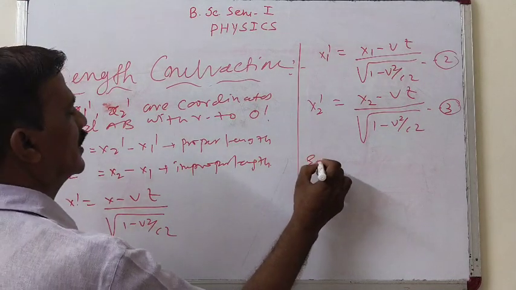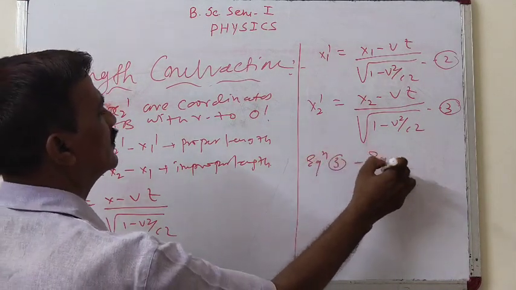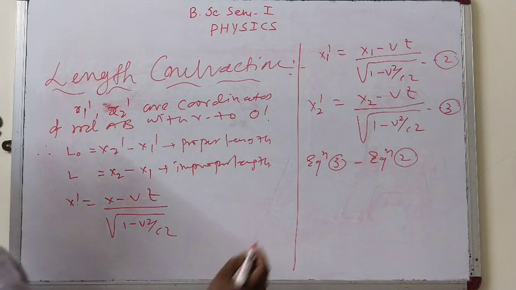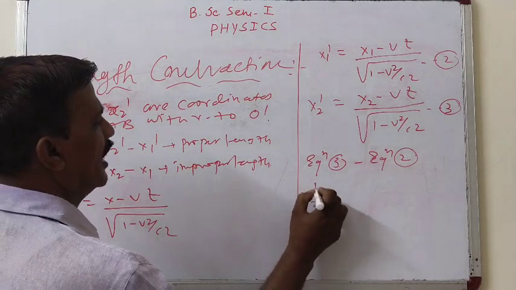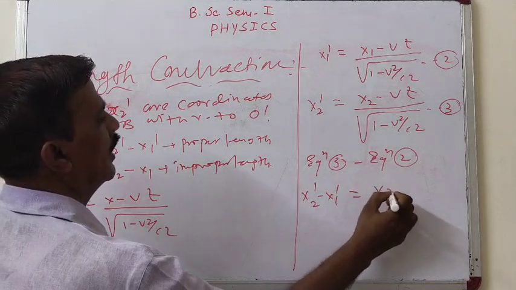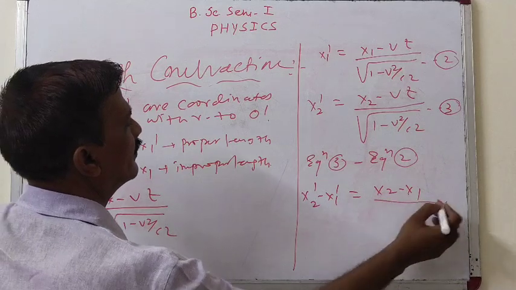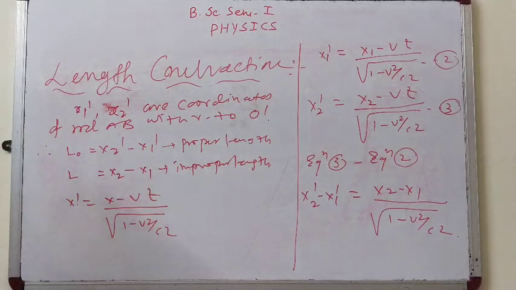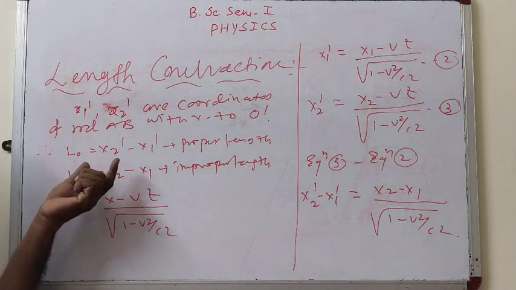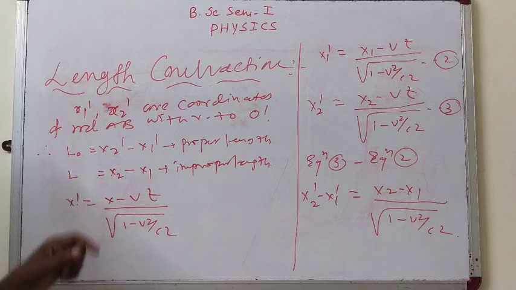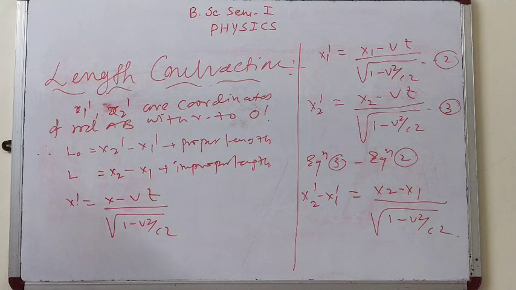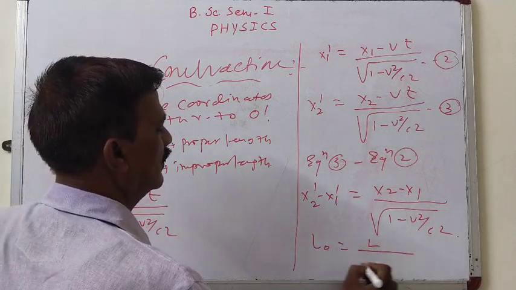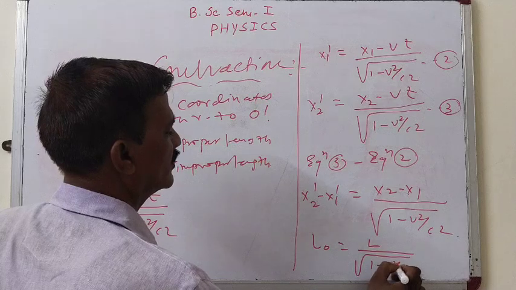Then equation 3 minus equation 2, that means equation 2 subtracted from equation 3. We get x2 dash minus x1 dash is equal to x2 minus x1 by root of 1 minus V square by C square, because the Vt cancels. Then x2 dash minus x1 dash is nothing but L0 and x2 minus x1 is nothing but L. We get L0 equal to L by root of 1 minus V square by C square.